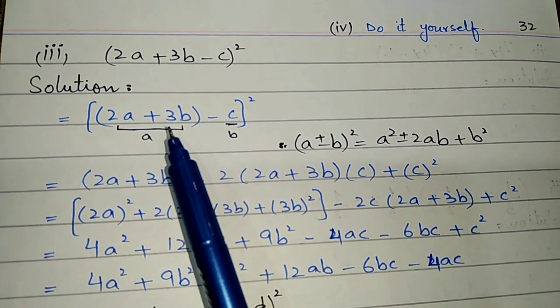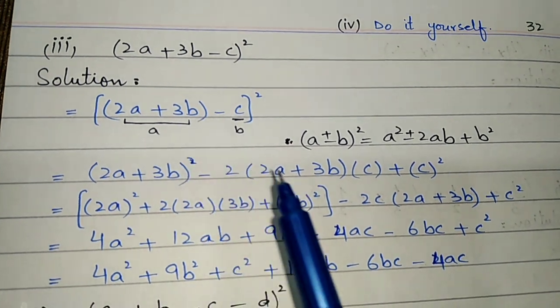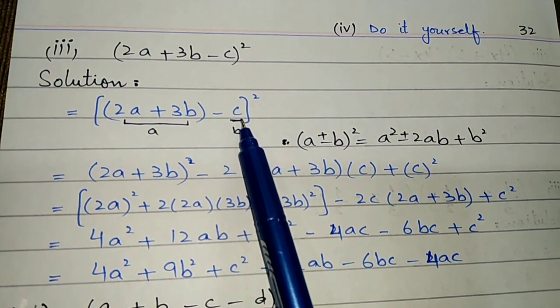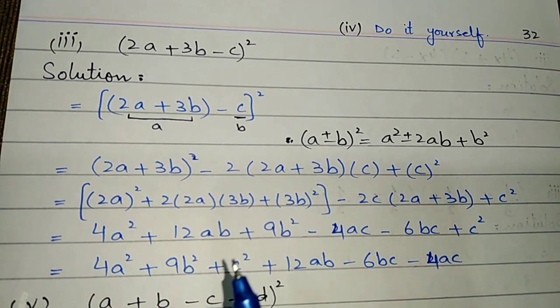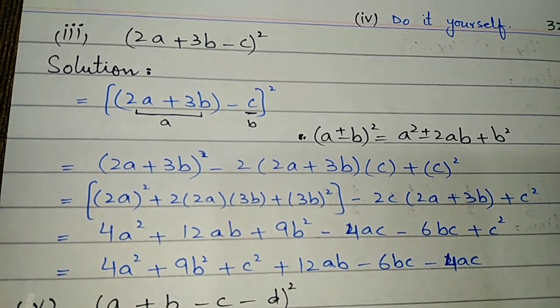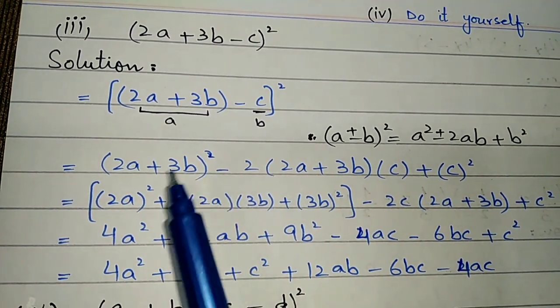So a square means (2a plus 3b) whole square, minus 2 according to the formula, 2a plus 3b in the first bracket, c in the second bracket, plus the square of the second number, that is c square. Now we apply again the formula of (a plus b) whole square, the first identity, because there is a positive sign.